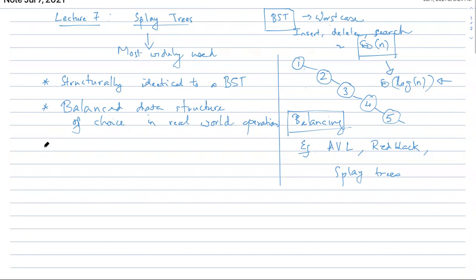So what are the key characteristics of a splay tree? All operations take the order of log n time on average.